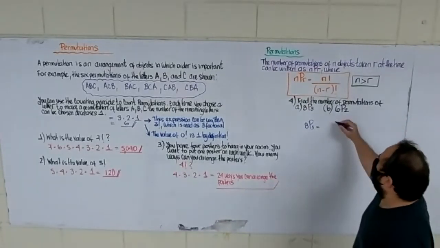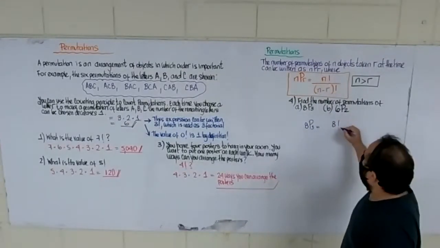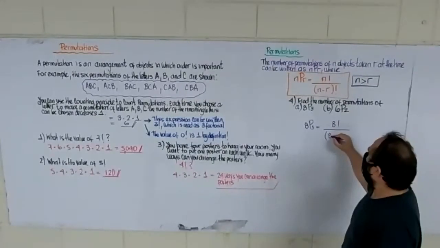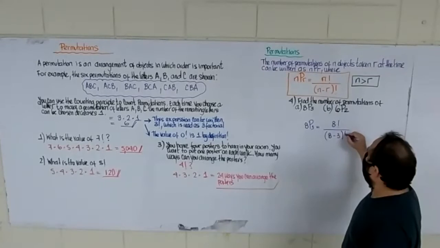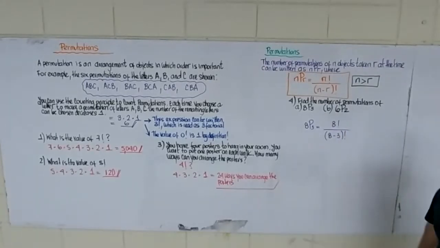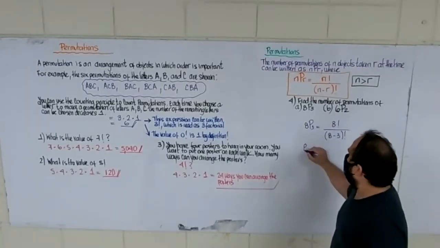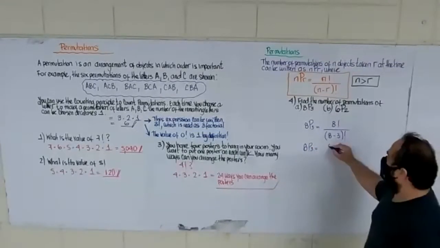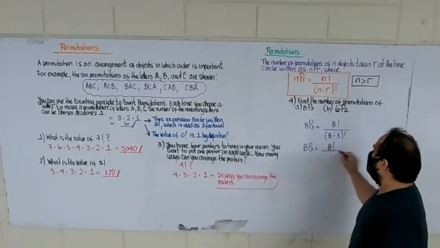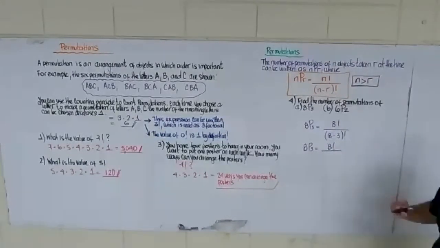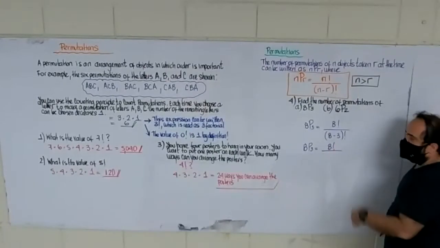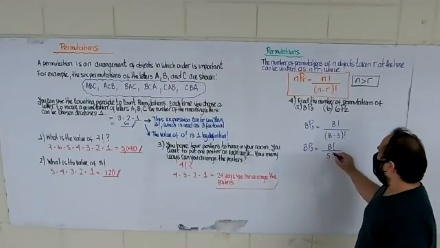So we apply 8 factorial over parentheses 8 minus 3 factorial. In simple words, 8P3 will be equal to 8 factorial divided by 8 minus 3, 5, right? 5 factorial.